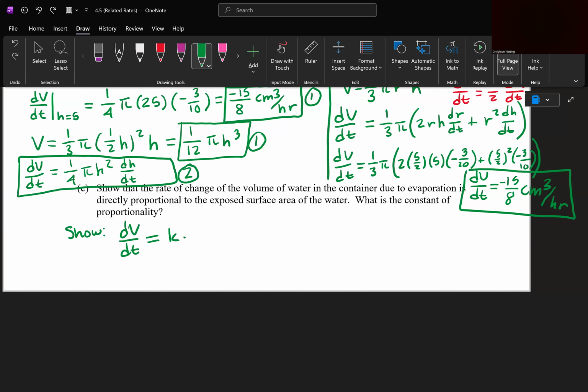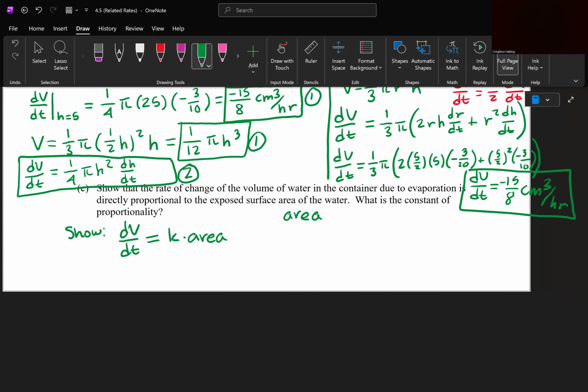First, we want to think, what are we trying to show? I want to show the rate of change of the volume is directly proportional to the area with some constant of proportionality. So then the question is, what is the exposed surface area? What would be a formula that could represent it?